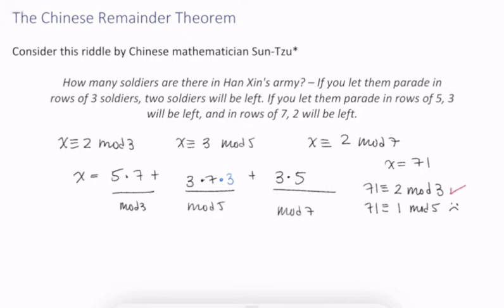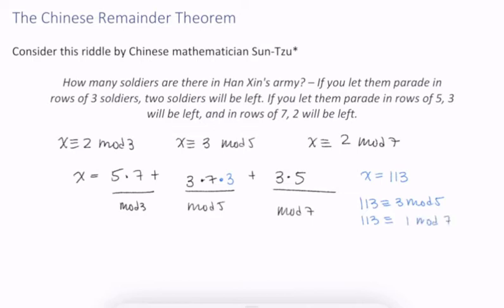All right, so let's see what our new x is. X is now equal to 113. And let's check. So our original problem was with the mod 5. So 113 is equivalent to 3 mod 5. Great. 113 is equivalent to, again, 1 mod 7.